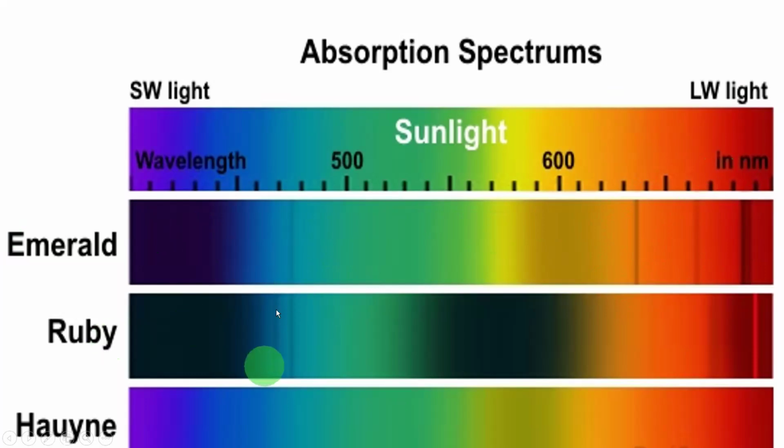Ruby, blue area, there are 2, and red areas here. These are the visible area. Another gemstone is like this. So these are the absorption spectrums of some stones.